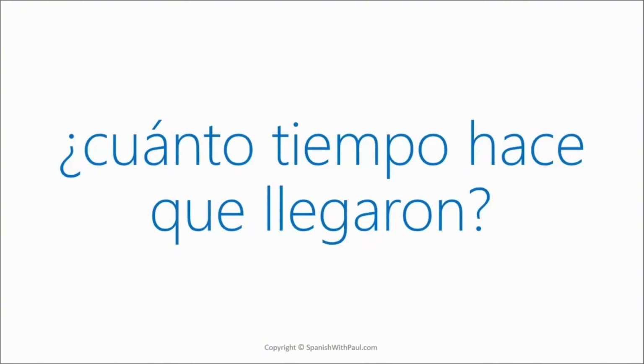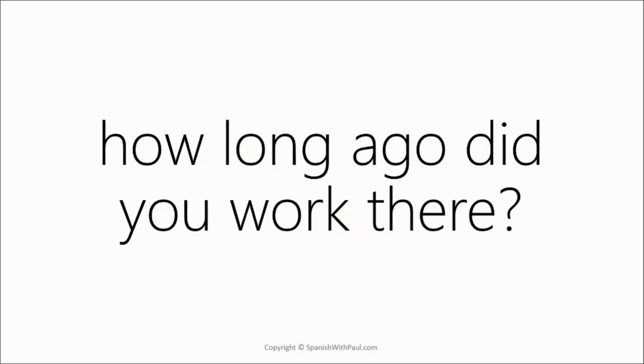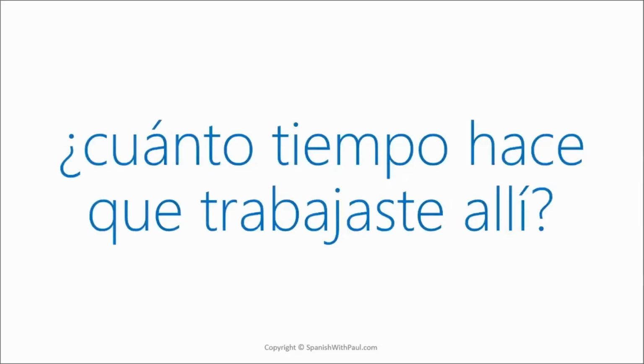Try this example on your own now. How long ago did you work there? ¿Cuánto tiempo hace que trabajaste allí? Here, once again, we have how long ago. ¿Cuánto tiempo hace?